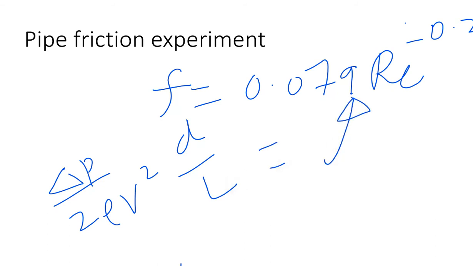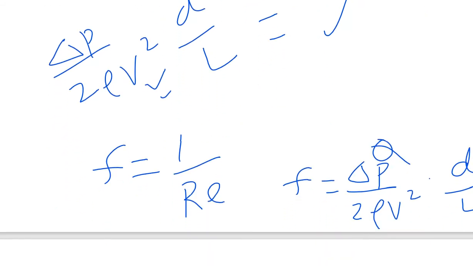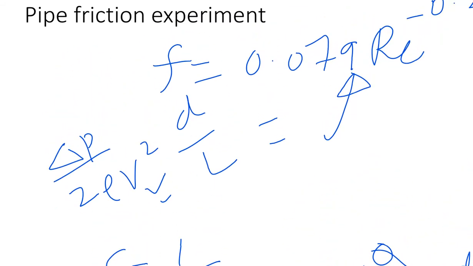Do the same analysis with Reynolds number, change in velocity, diameter, and so on, and see the relation. Velocity is Q over area, and see the relation between delta P and Q. Not only delta P and Q, you can get the relation between delta P and diameter also.